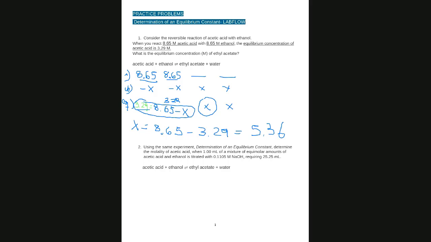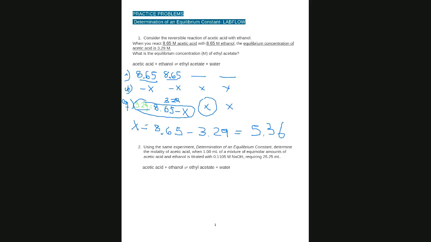Any questions so far on this problem? If you understand this, you're going to encounter similar problems in the pre-lab quiz. Okay, so then let's go over the second one. Let's read it carefully.